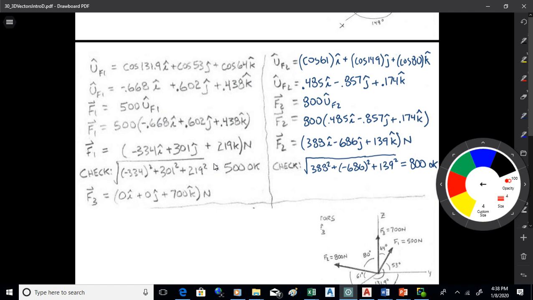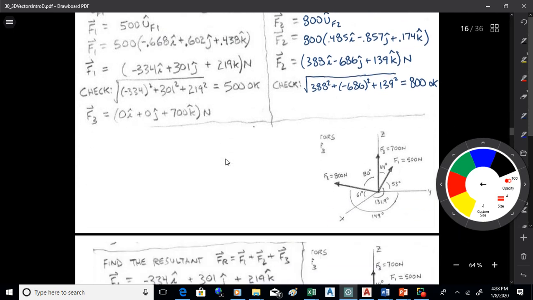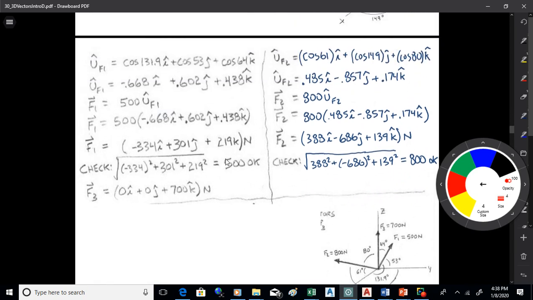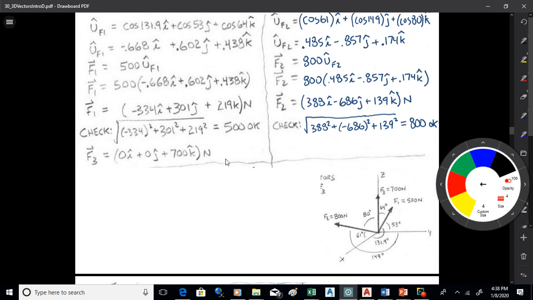Why did you put a negative in front of the cosine of 61? Okay. All right, so the cosine of 61, it's coming out kind of off to the left as we look at it, to the left of the x-axis, is that kind of what you mean? Okay, now in 2 space, I look at angles and go negative, positive.